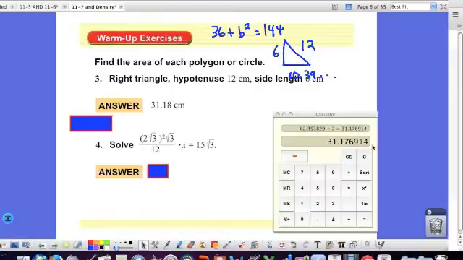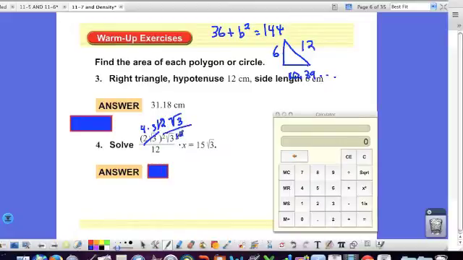Then for this, solve this problem, 2 to the third power squared. So 3 squared is 3, 2 squared is 4, so that becomes 12 square root of 3 over 12.